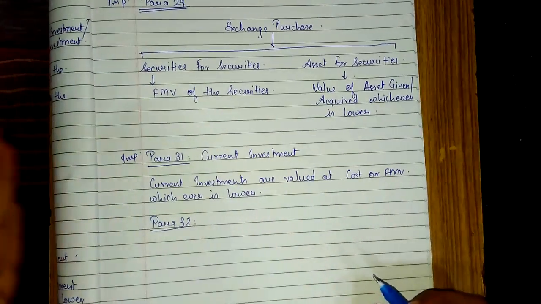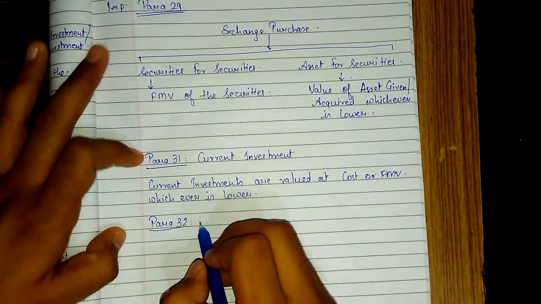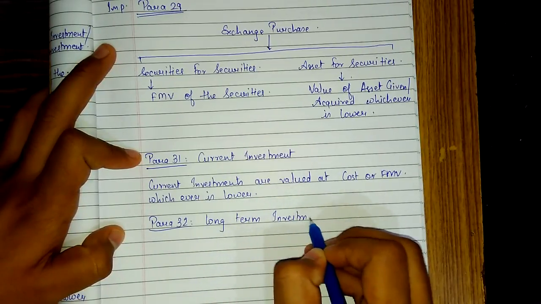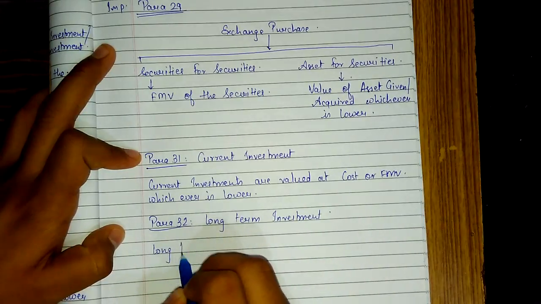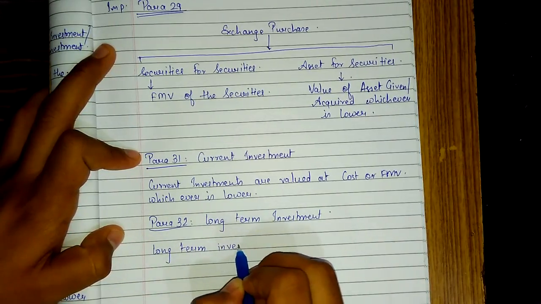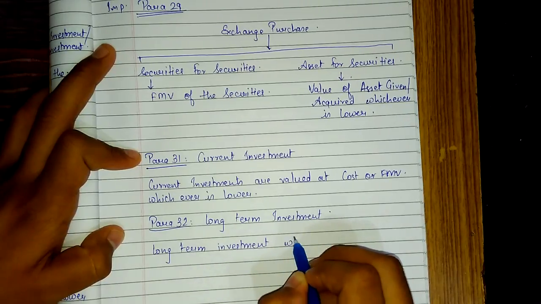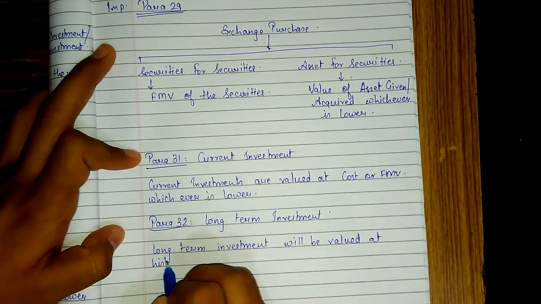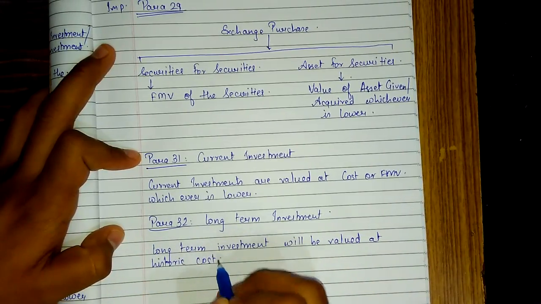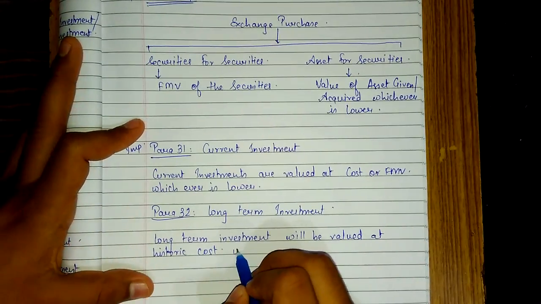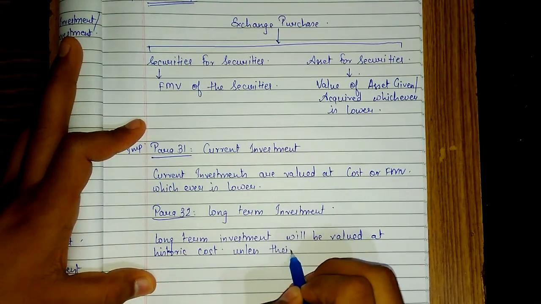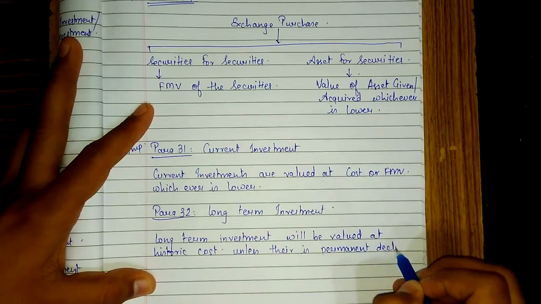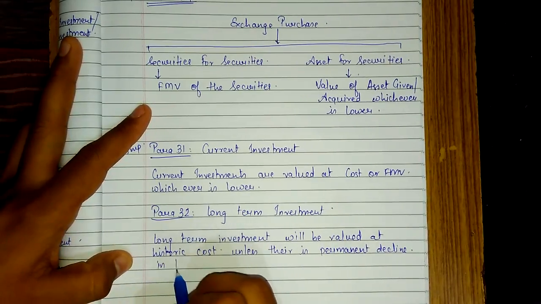Now we have done for current investment. Now we should do for long term investment also. How will it be valued in the books of account? Long term investment will be valued at historic cost unless there is a permanent decline in the value of the asset.